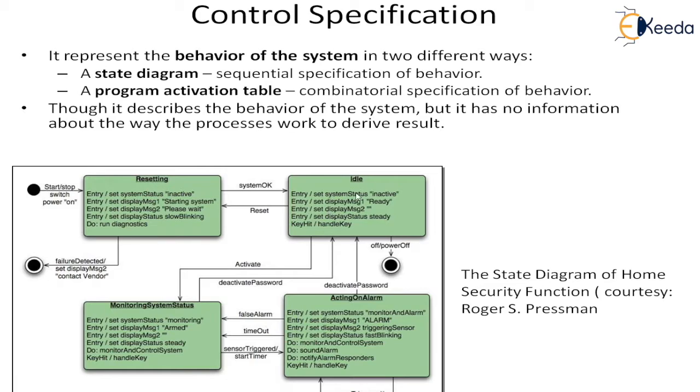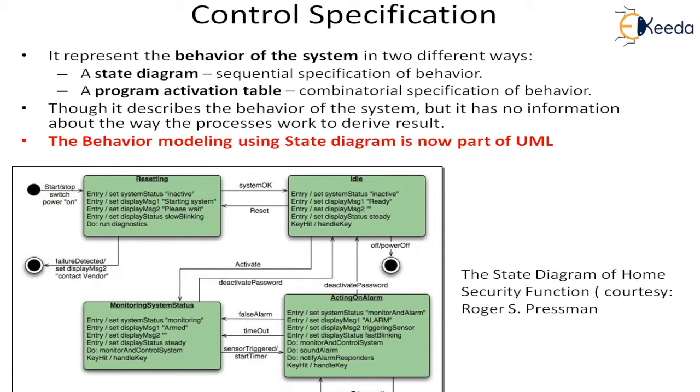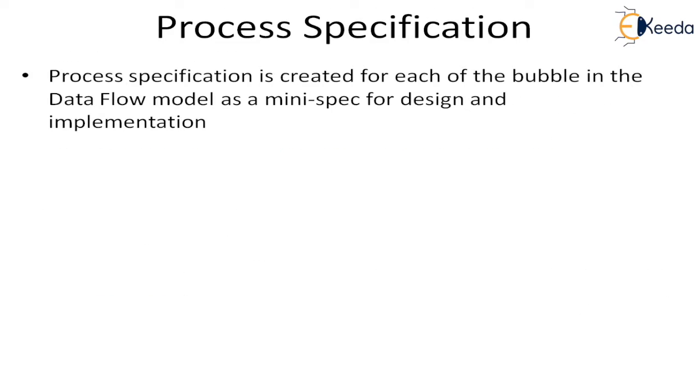So the internal process we are not talking about. We are only talking of the state and its transition, and under what condition it will transition. This is the state diagram of a home security function, taken from the Roger Pressman book. The behavior modeling using state diagram is now a part of UML. That is what we will discuss later.